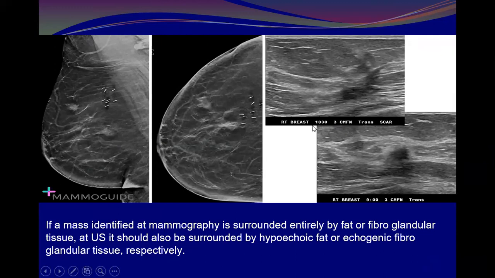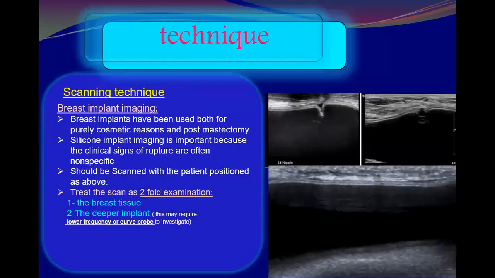So this one is the 10 o'clock lesion, and this one is a 9 o'clock lesion. So if I could see it in the 2 views, it will be easier. But if I have seen it in a single view, it will be difficult.